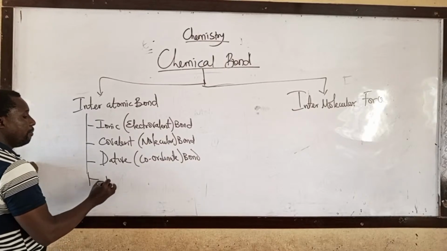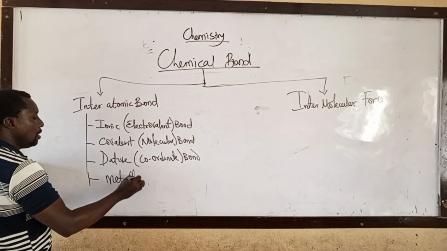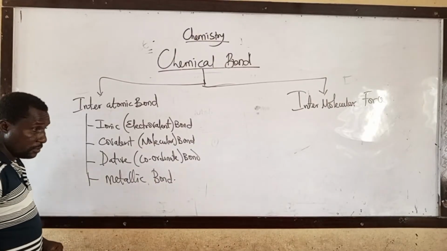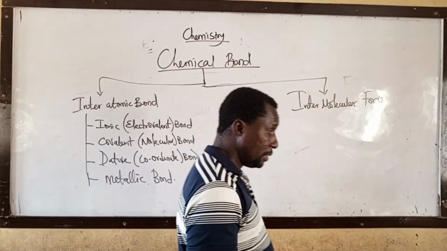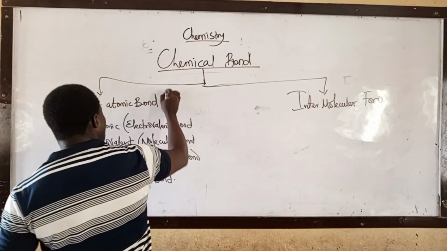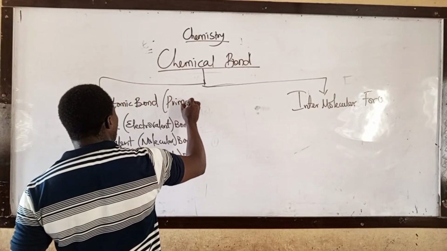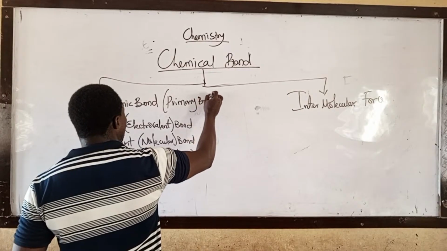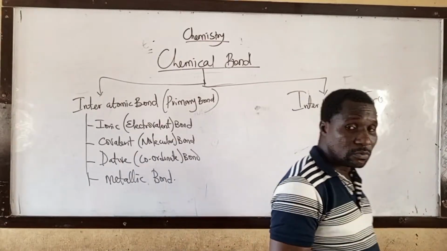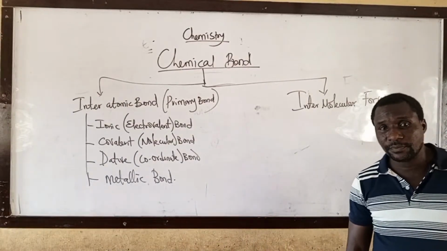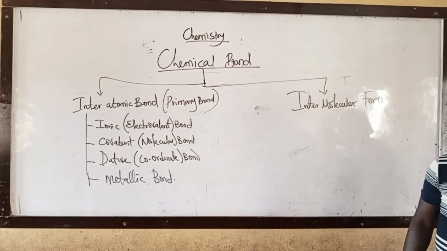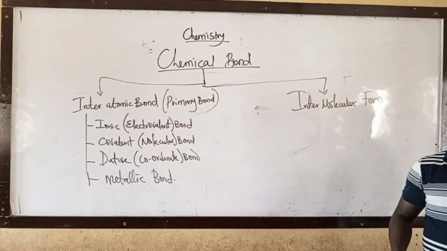And we have metallic bond. They are called primary bonds. Very strong bonds. Take note.